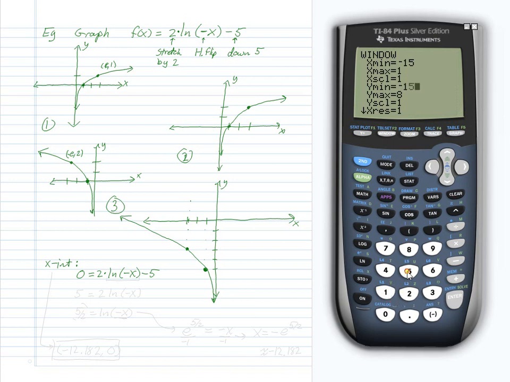The way that I would handle this is I would first isolate the logarithm. So if I add 5 to both sides and divide by 2, then I'll be able to extract what is inside of the logarithm by converting this to an exponential equation.